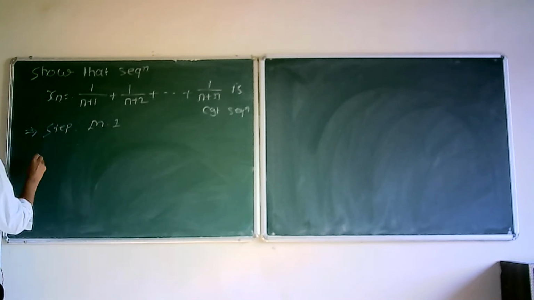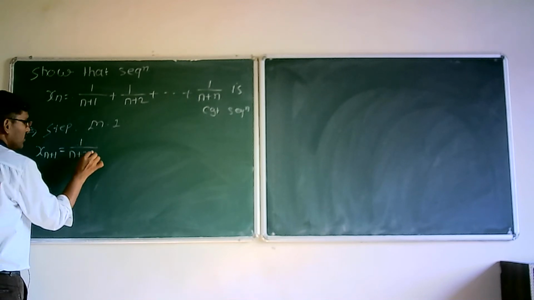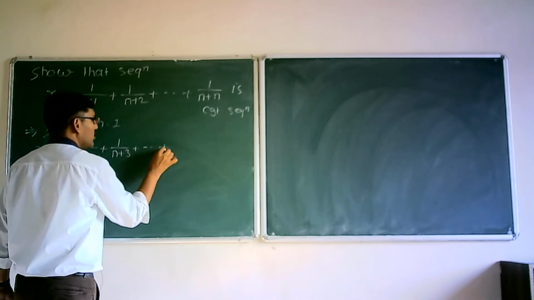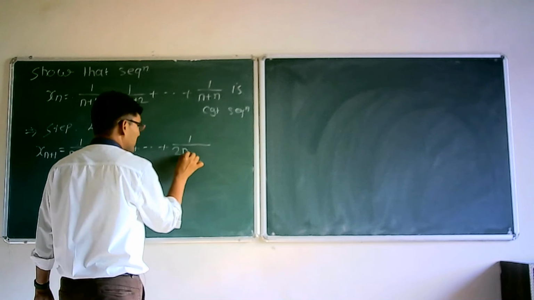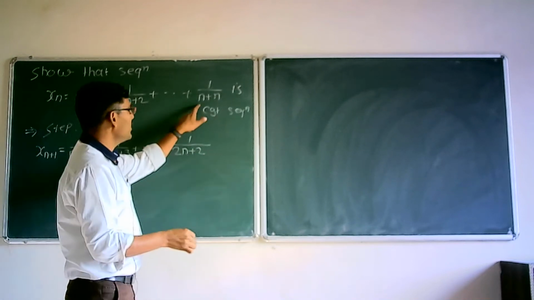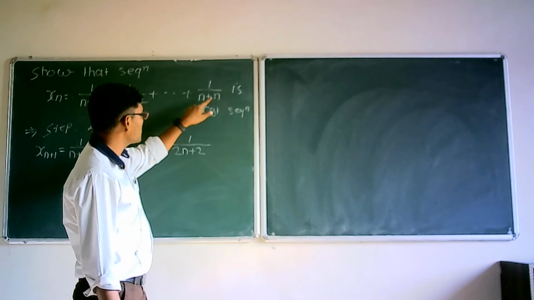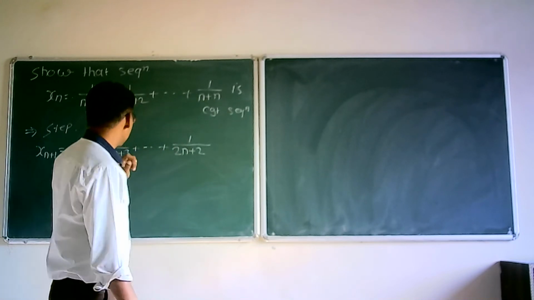For that, find the next term xn plus 1. What is xn plus 1? It is 1 upon n plus 2 plus 1 upon n plus 3 plus dot dot dot 1 upon n plus 1 plus n plus 1, which is twice n plus 2.